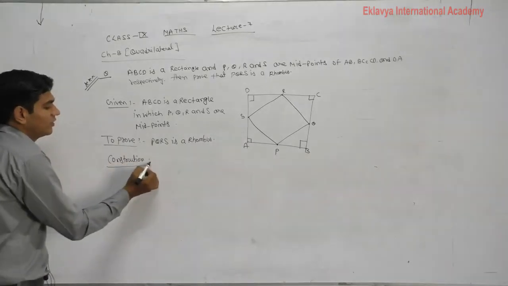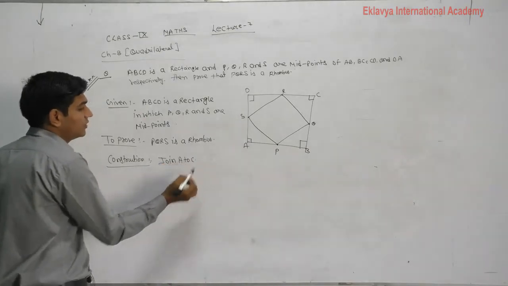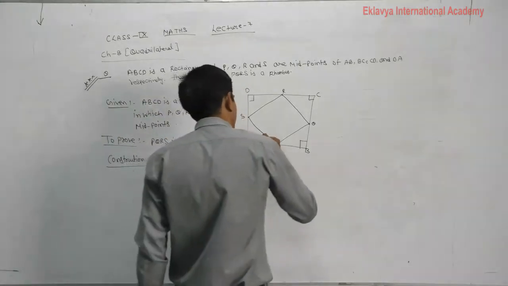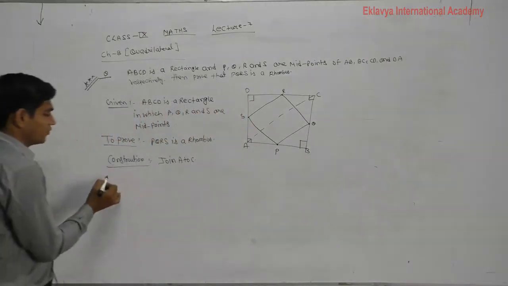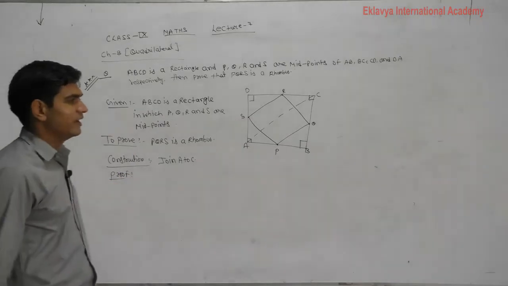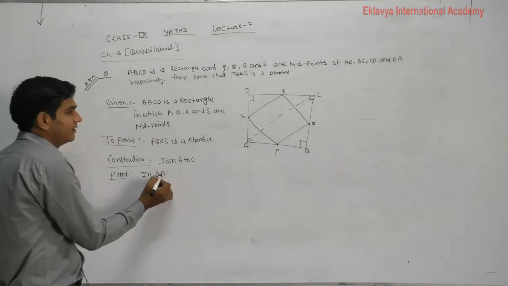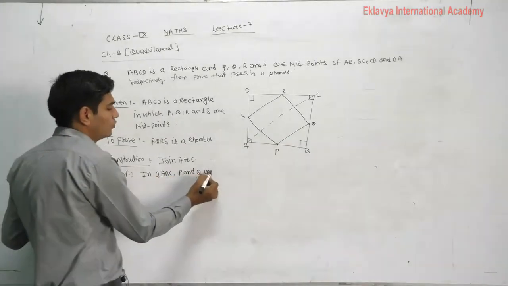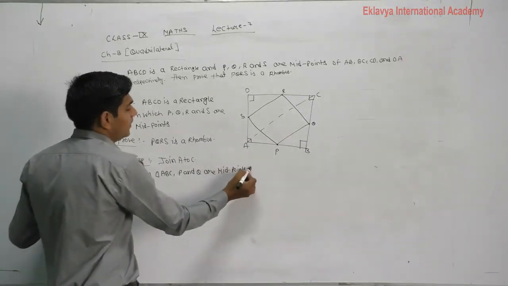In construction, join A to C. Why will we join A to C, students? To form the triangle and to apply the midpoint theorem. Now in the proof part, firstly we will prove that PQRS is a parallelogram. You can easily prove the parallelogram. In triangle ABC, P and Q are midpoints.